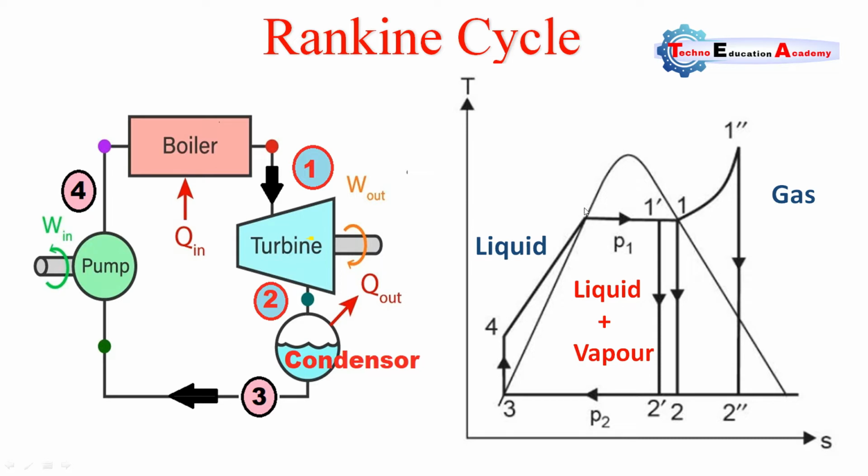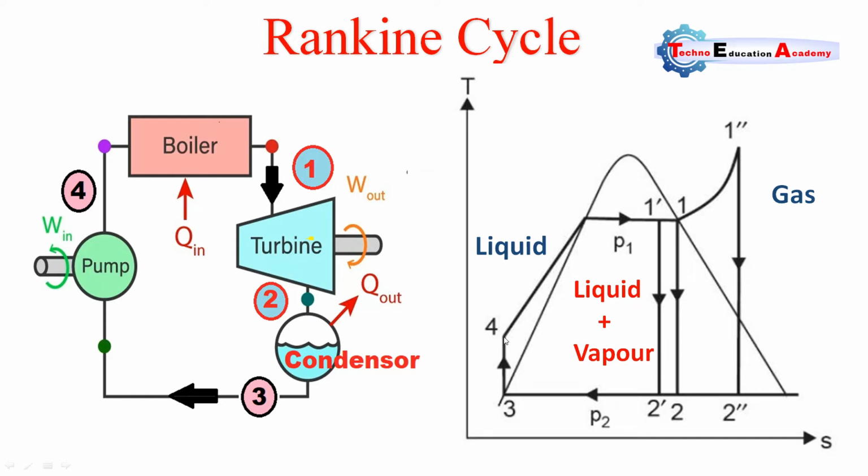In a TS diagram, the constant pressure is represented by this line. This line 4, 1 dash, 1, 1 double dash represents the constant pressure process in the boiler. This portion represents the liquid portion, the middle portion of the dome represents the mixture, liquid plus vapor, and the right hand side of the dome represents the gas region.